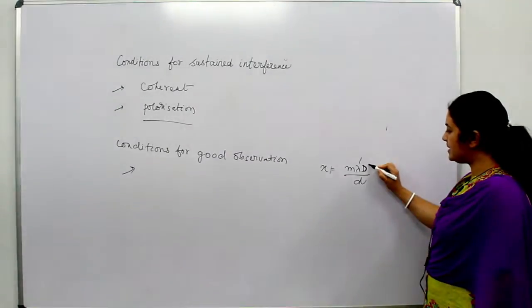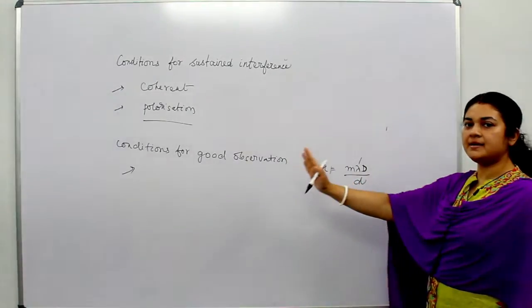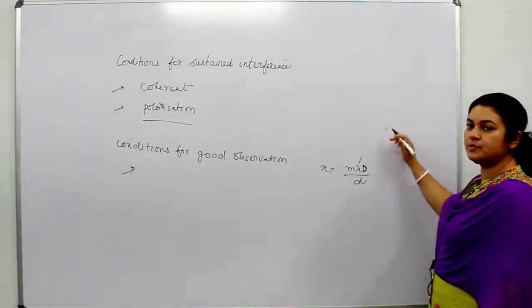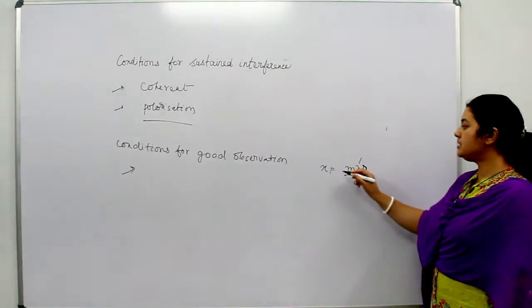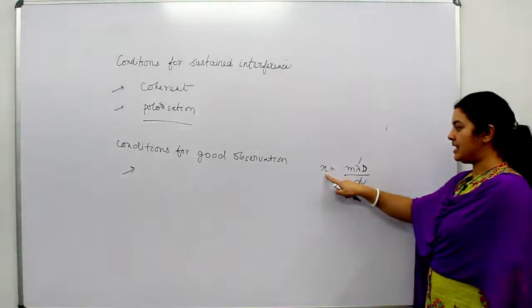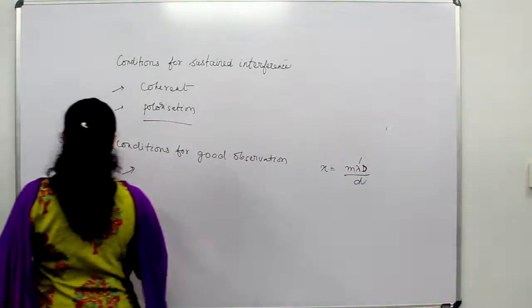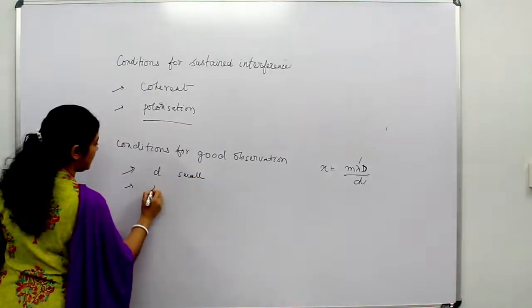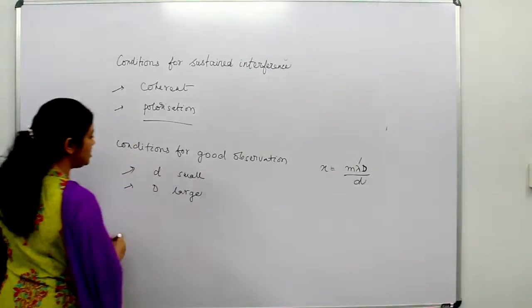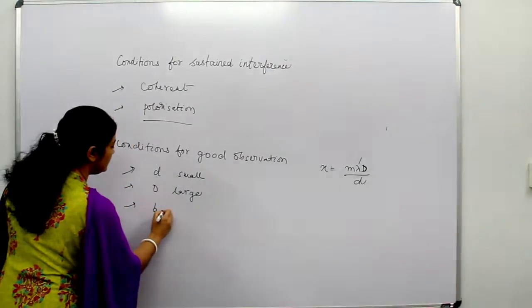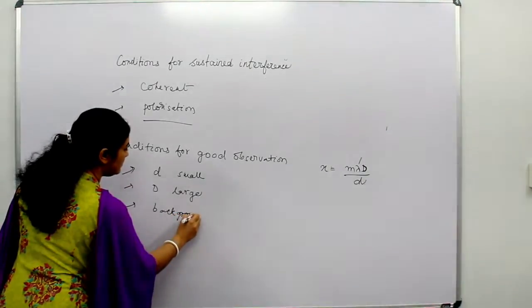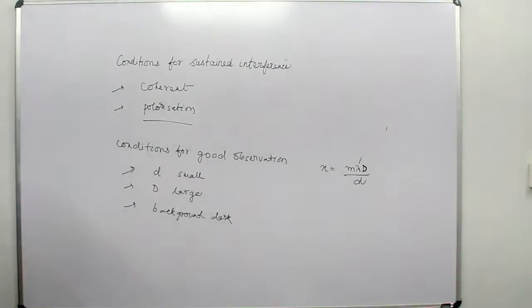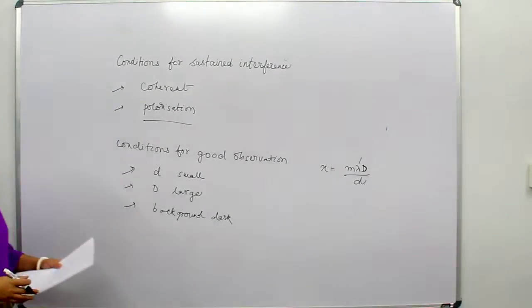So capital D, the distance between the screen and the slits, should be greater, and the distance between the two slits, small d, should be small. So this will make x larger. So this gives the condition: the separation d should be small, capital D should be large, and the background should be dark. So these are the conditions of good observation of fringes.